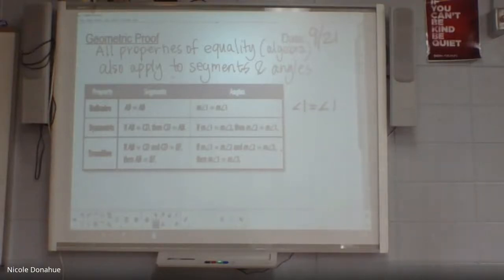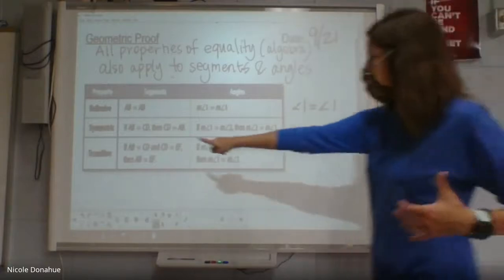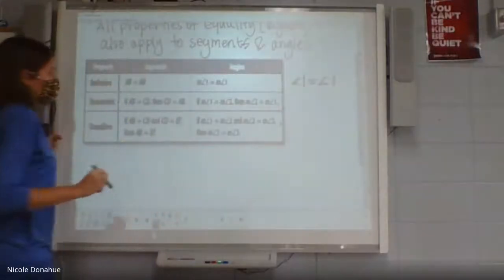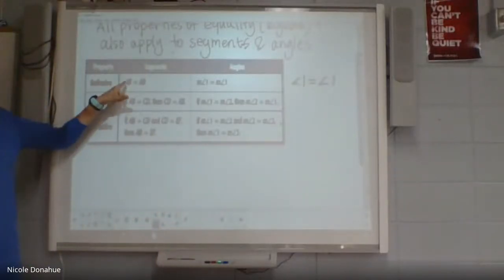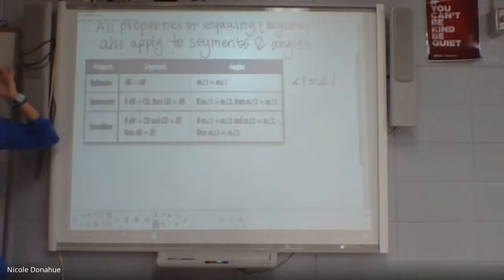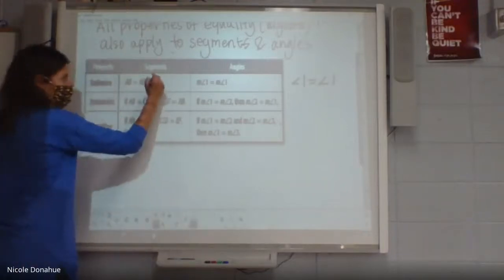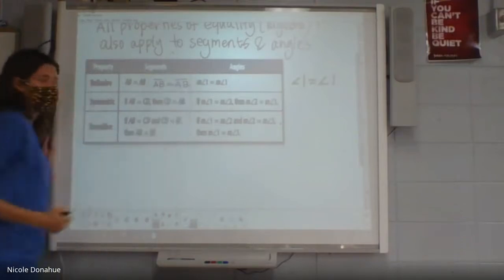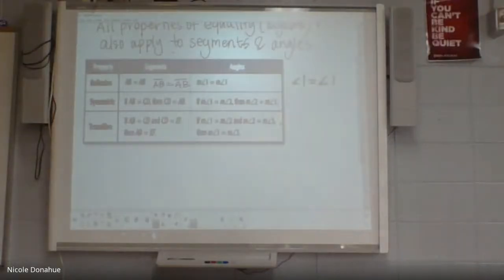Another thing our book will do sometimes is what you see here, where they're talking about segments. So they have AB, italicized, is congruent to AB. And again, I'm just going to write this as AB equals AB. The book is a little different on that, and some teachers are a little different on that, that there's a slight difference in that notation, but I consider them to be one and the same.